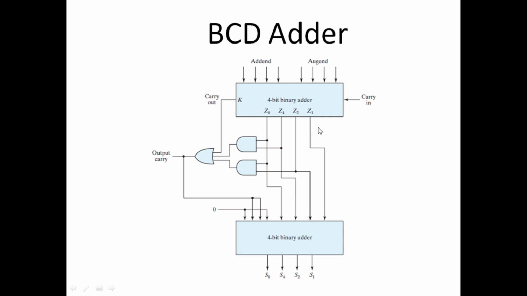In that case we have to add 0, 1, 1, 0 to this binary sum output. So we include another 4-bit binary adder here, which, just like the first one, has a 4-bit input here and another 4-bit input here.